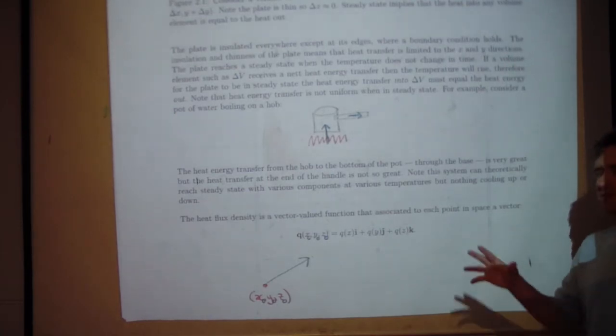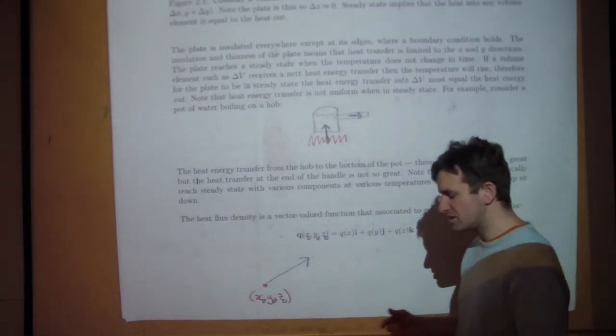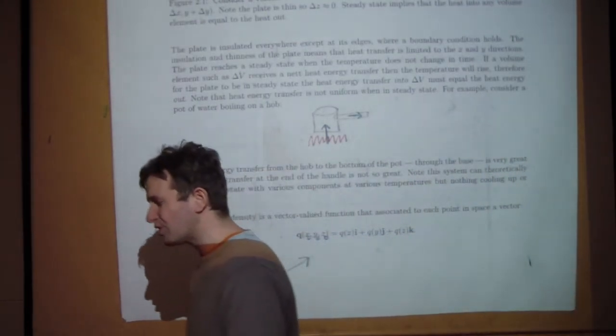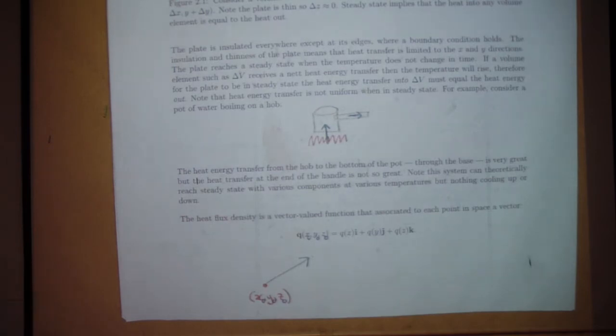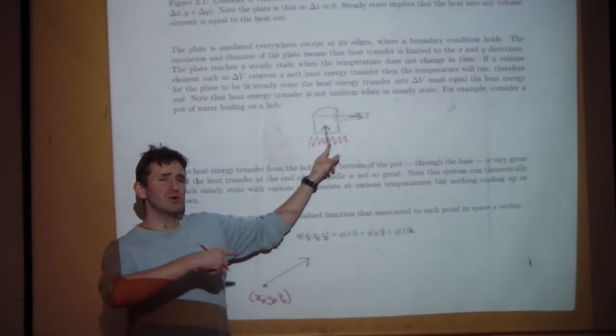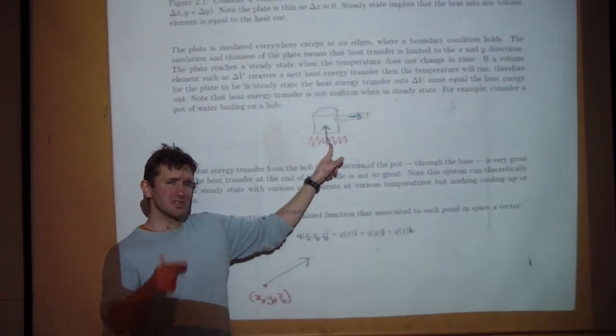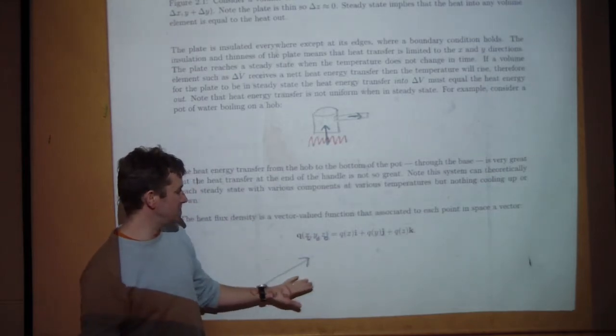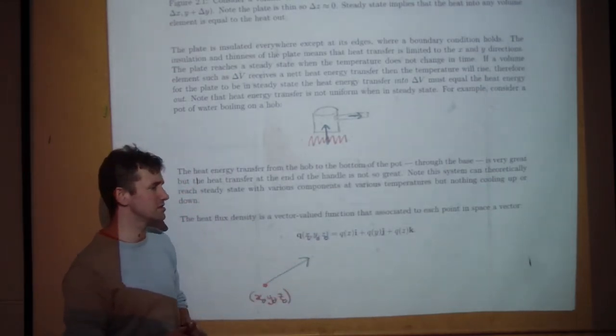Essentially, what's the difference between a big heat flow and a small heat flow? The basic difference is with a larger heat flow, you get more heat transferring in 1 second. So there's going to be a time element to this.